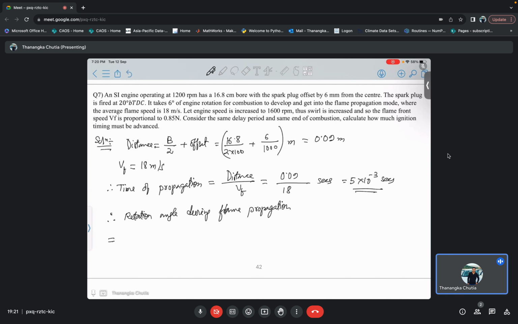It will be 1200 RPM divided by 60, this is the number of revolutions per second. Now you have the time, 5 into 10 to the power minus 3 seconds, so you have got the number of revolutions. Now one revolution is equal to 360 degree, so this many revolutions will be equal to this much degree. Clear? So you will get this as 36 degree.